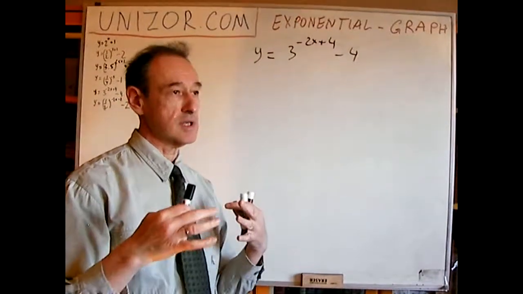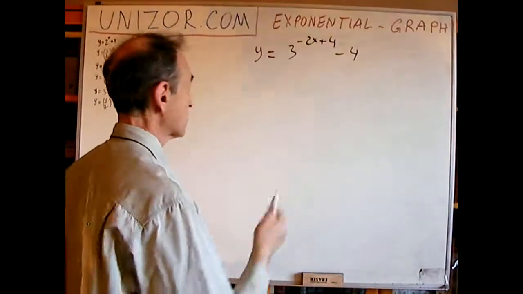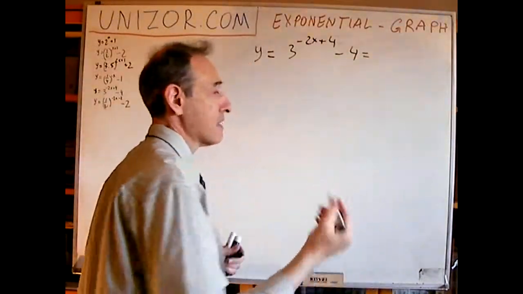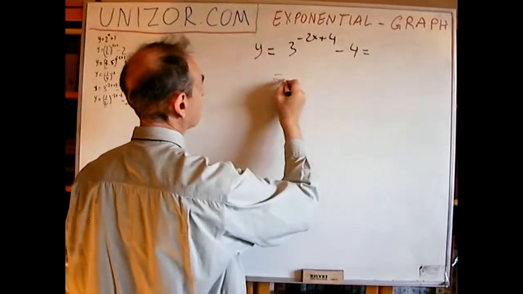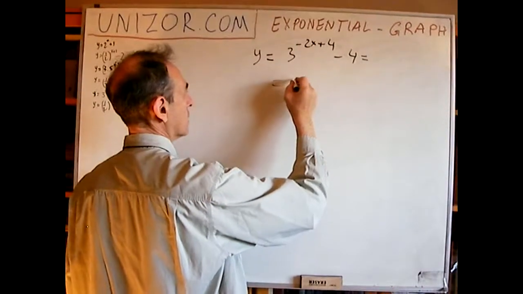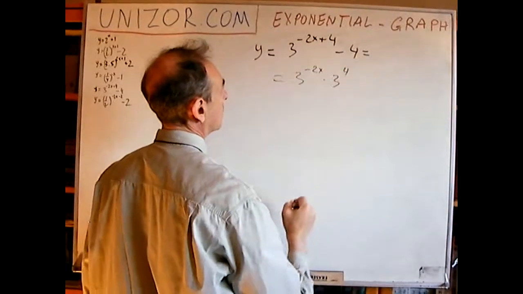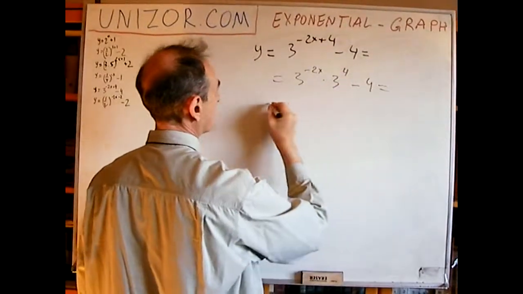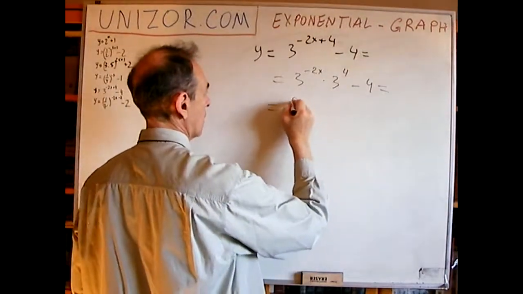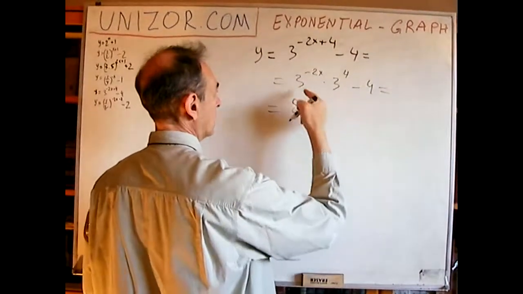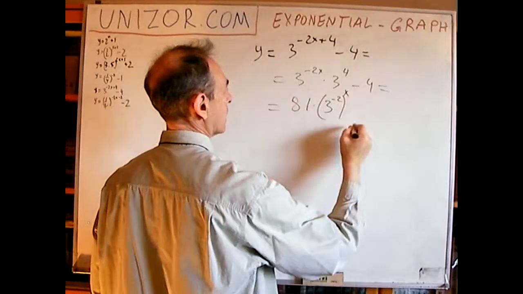I will introduce even more transformations in this particular case, because before starting thinking about how the graph actually looks like, I can always transform it in the following way. It's 3 to the power of minus x times 3 to the 4th minus 4, which is equal to 3 to the 4th is 81 times, now 3 to the power of minus x, I can always put 3 to the power of minus 2 to the power of x minus 4.